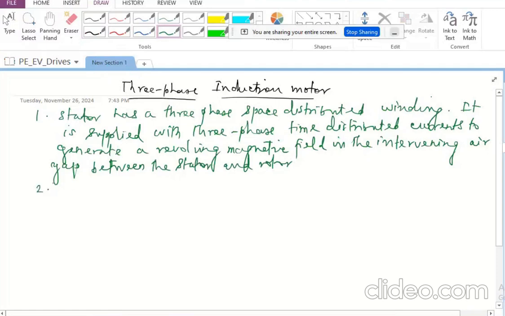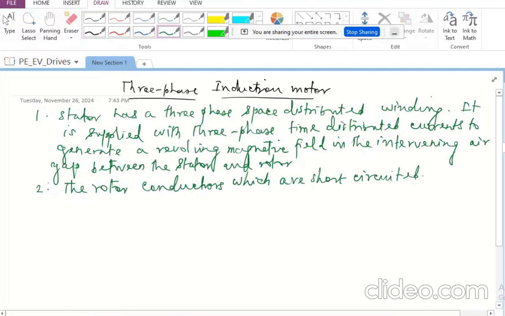Now what happens is the rotor conductors, which are short circuited and stationary, because initially when you start, the rotor is not going to be rotating, so it will be stationary.